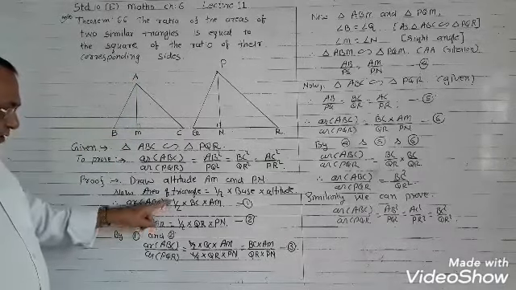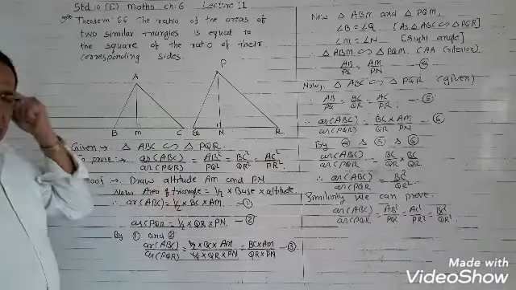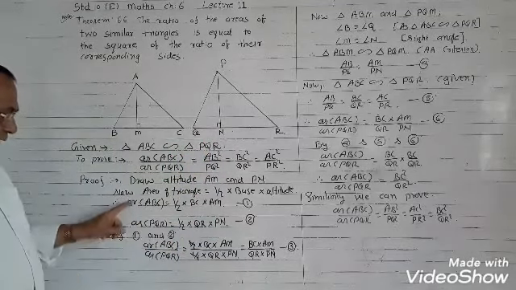Area of ABC is 1/2 BC into AM. Similarly, area of triangle PQR, that is symbolically written and read as area of triangle PQR, is 1/2 QR into PN.